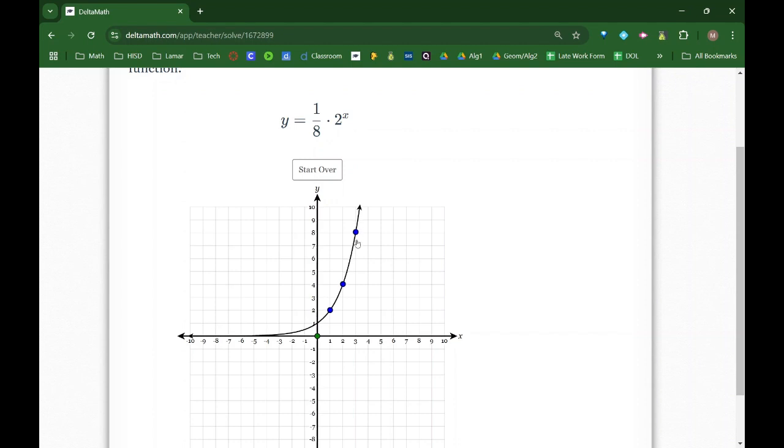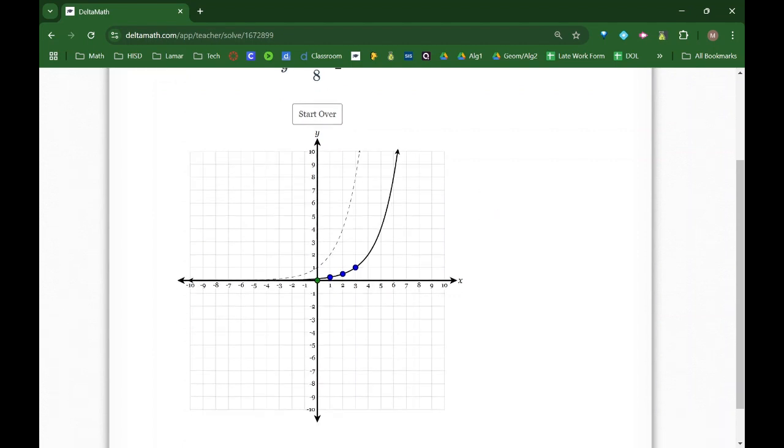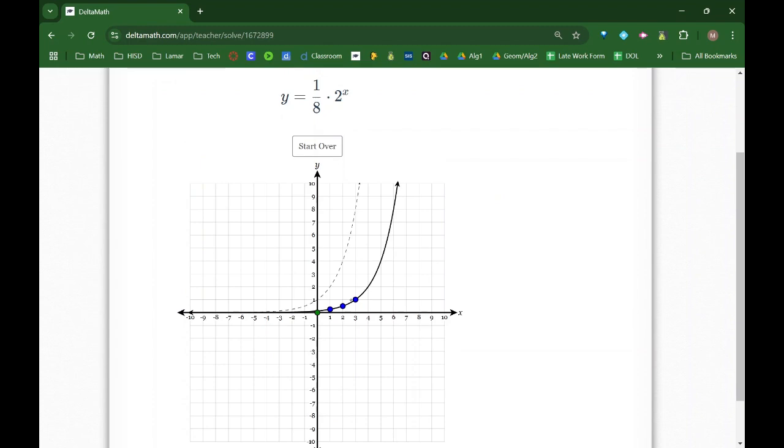And 8 divided by 8 gives us 1. So again, the x value stays the same. It's still 3, but the y value has gone down from 8 divided by 8 to give us 1. And you'll notice if this dotted is the original and the new black curve is the new graph, we have compressed this vertically. It's gotten shorter and wider.